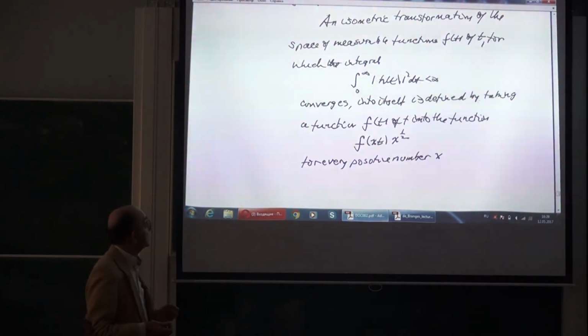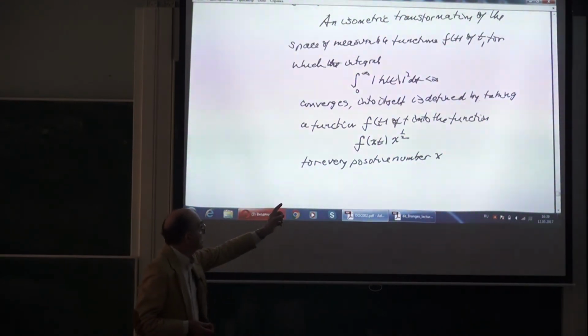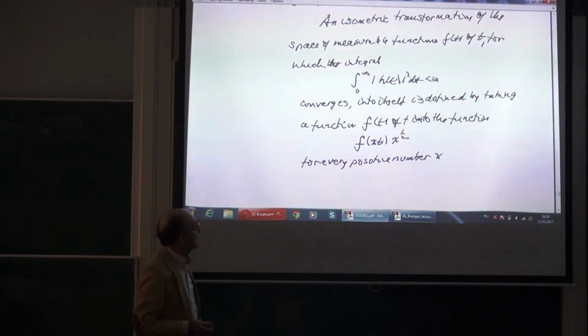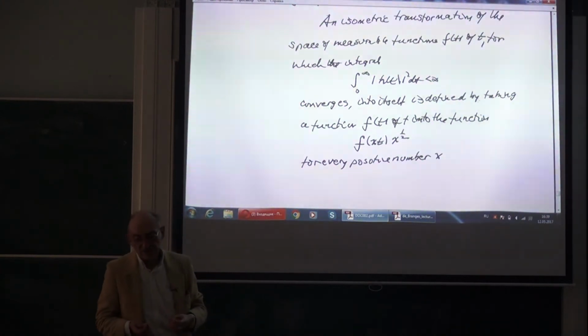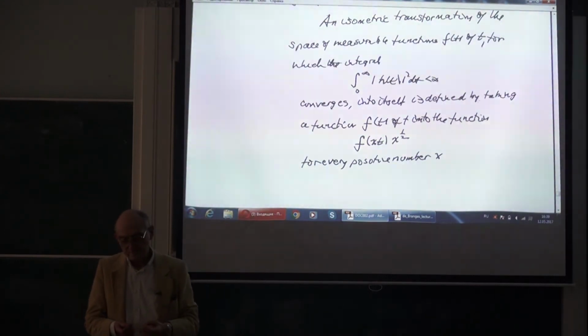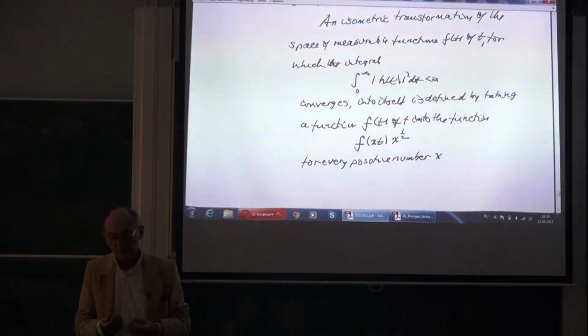You take the function, here's a function h of t, and if you multiply the argument by a positive number x and put a weight of x to the 1/2 power, that defines an isometric transformation of the space into itself. Now, these isometric transformations form a group, the multiplicative group of positive numbers.